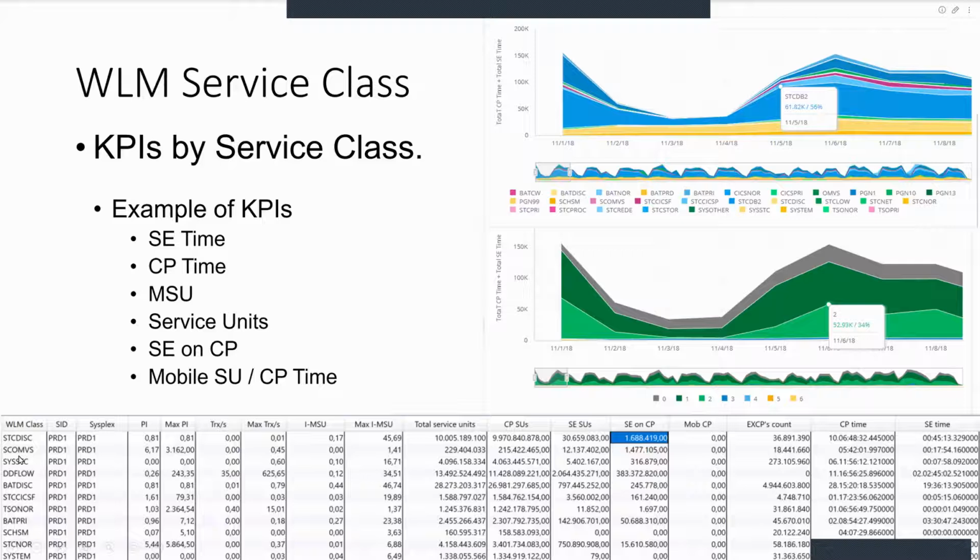At the bottom, we have the service class, the PI, the performance index, the IMSU consumption, service units, CP service units, inspection engine service units, and inspection engine eligible service units running on general processor mobile. In this case, in my example here, I don't have any service unit, EXCP count, CP time, and SE time.